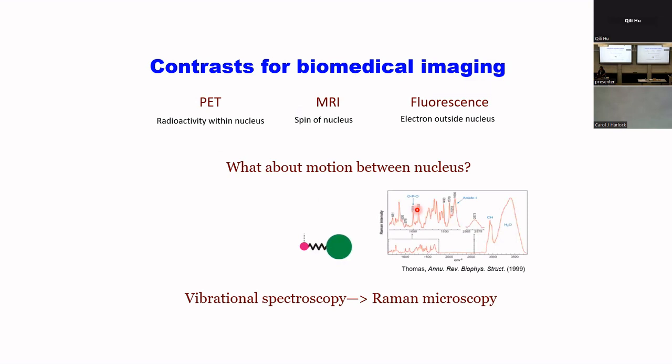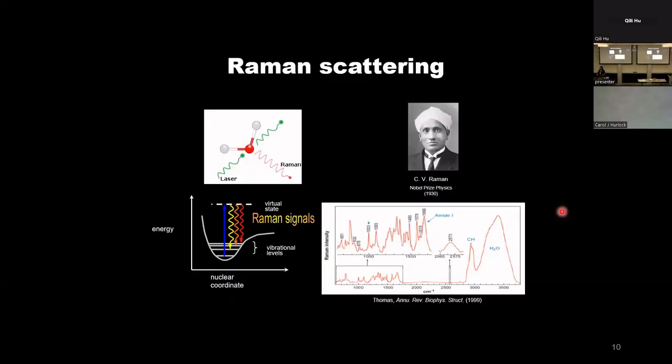So that's a great contrast for visualization of chemical or molecular compositions in cells or body or even in human organs. But spontaneous Raman microscopy we are already familiar with. They provide this chemical bond vibrational information here.